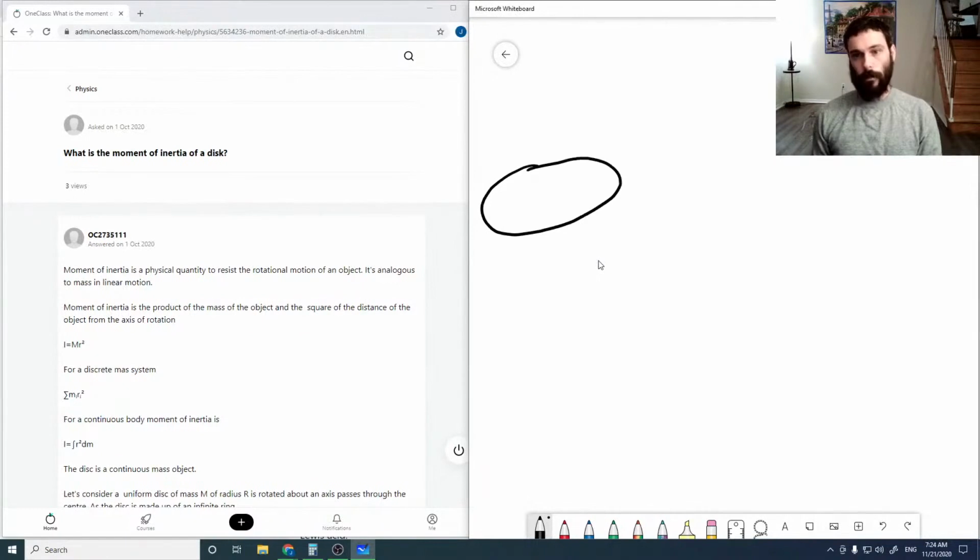Now the simplest is to have the moment be perpendicular to the disk, going through the center of the disk, and so the disk is spinning about that moment. And so that's the easiest moment of inertia to calculate.